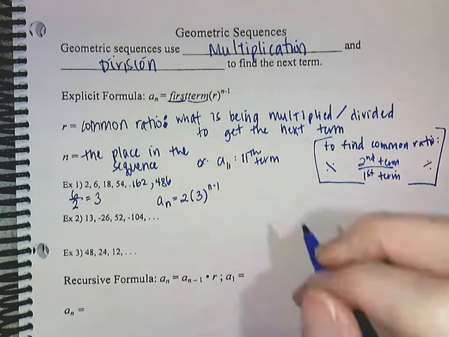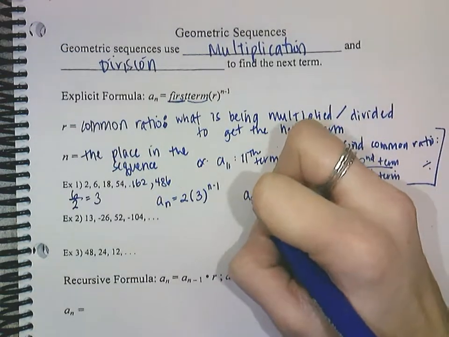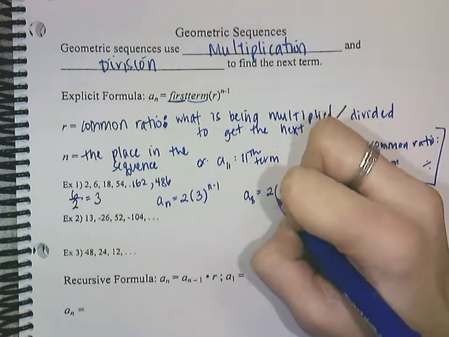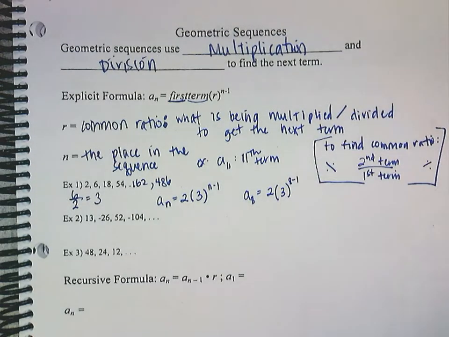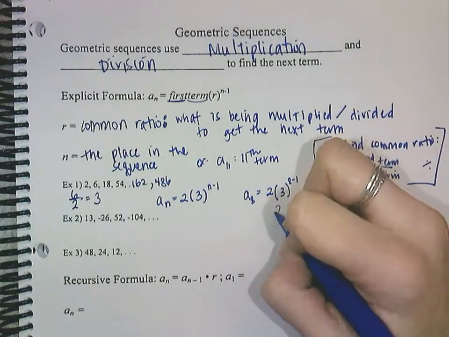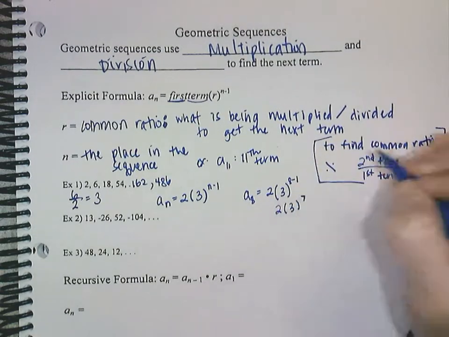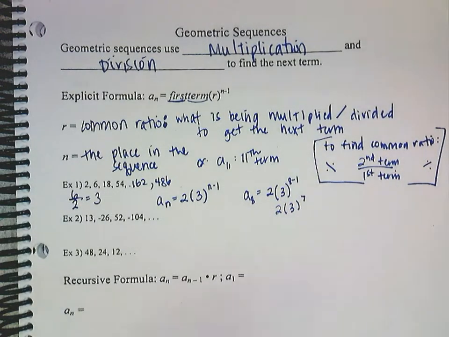Now let's figure out the 8th term. A sub 8 equals 2 times 3, and then 8 minus 1. 8 minus 1 is 7, so we have 2 times 3 to the 7th power. We need to make sure we do our exponents first.